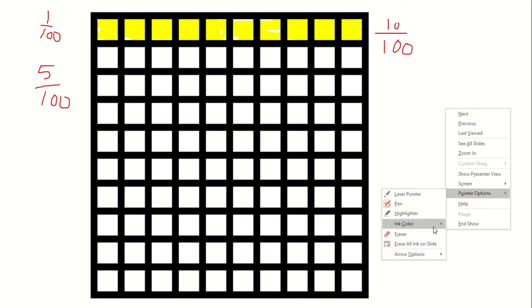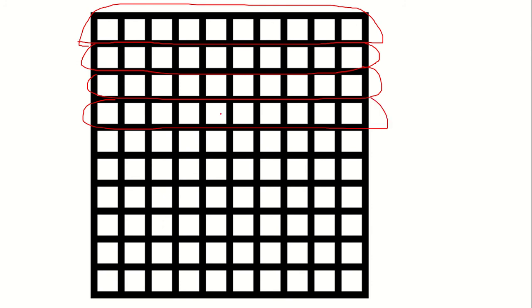But we can also show these fractions in a different way. We don't always have to use the denominator of 100. Let's say, for example, instead of calling this 100 white squares, what if I was to divide it up this way? If I took this and I made groups of 10 of these 100s, of these ones, I would then have broken this up into tenths if I chose to do it this way.